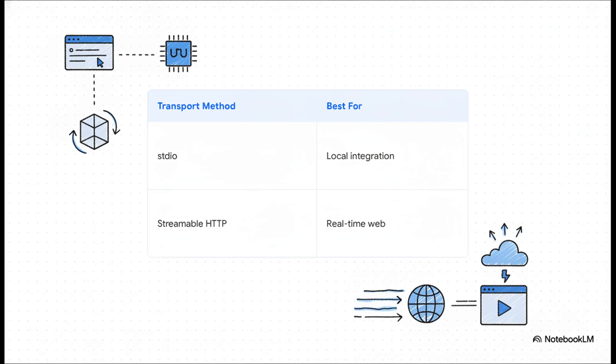This is when your agent and your tools are running on the exact same machine, communicating directly via the command line with 0 external network traffic. It's incredibly fast and very secure. But if you're building enterprise cloud applications and you need bidirectional real-time communication over the web between different servers, you would choose streamable HTTP, which leverages server-sent event streams, or SSE. Basically, choosing the right transport mechanism completely depends on your specific business logic and deployment environment.